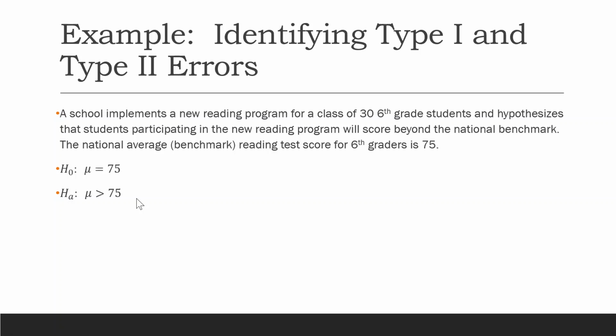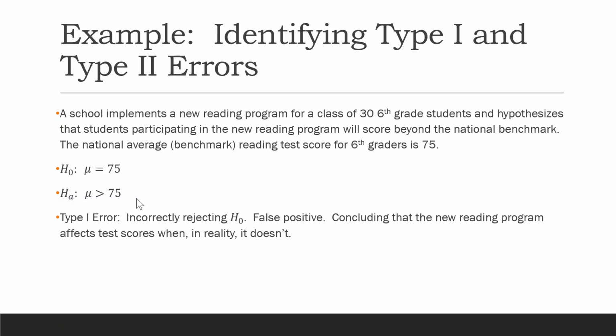So if I'm going to interpret my type 1 error, I just said it's incorrectly rejecting your null. It is very similar to coming up with a false positive. You can almost think of a diagnostic test. If it detects a disease in your body, you're going to have a positive result.